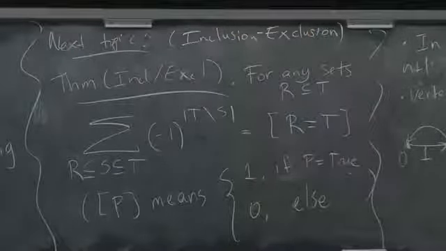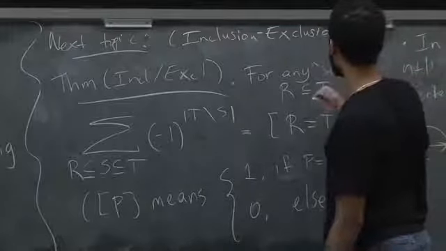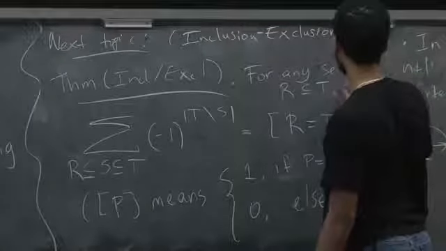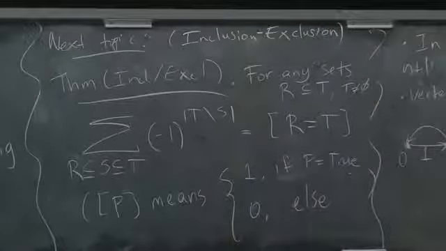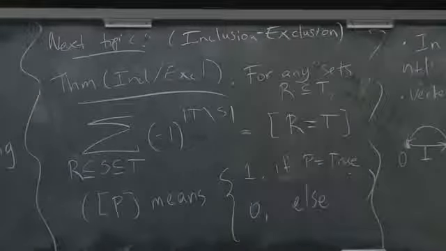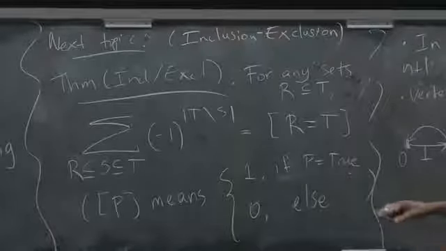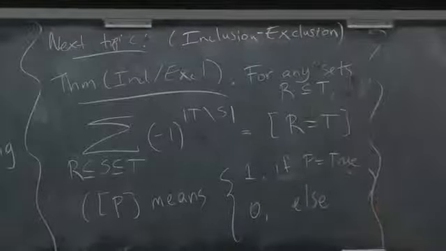Oh, I don't really need to say that T is not empty, because if T is empty, then R is empty too. I always get worried about empty sets and zeros. These base cases are sources of bugs. Anyway, if R is not equal to T, let's just write down a very simple proof.